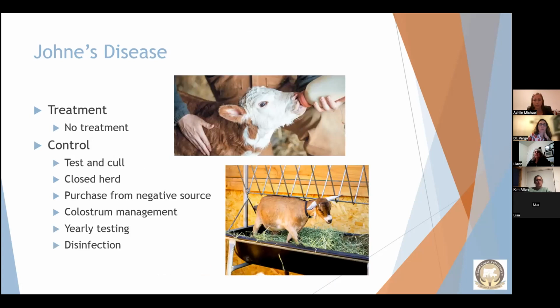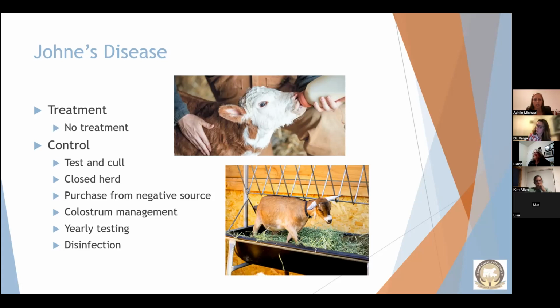Unfortunately, there is no treatment for Johne's disease, so we can only control and try to eradicate it in our herds. In order to do that, we rely on testing and culling those that we find are positive, maintaining a closed herd, so not bringing any new animals in. If you are bringing new animals in, making sure to purchase them from a negative source or testing the ones you are bringing in before they come into your herd.